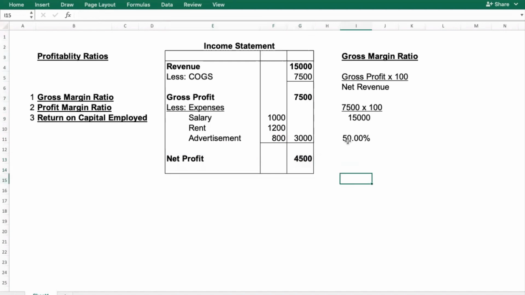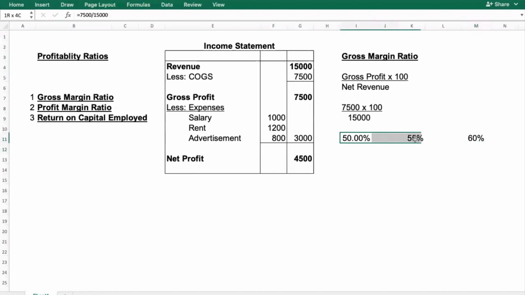So every year we should try to increase the gross margin ratio. This year 50%, next year we should try for 55%, after that 60%, like that.